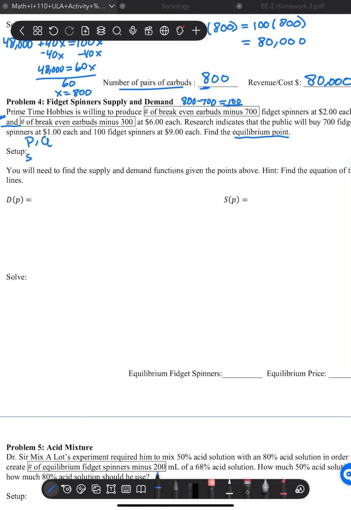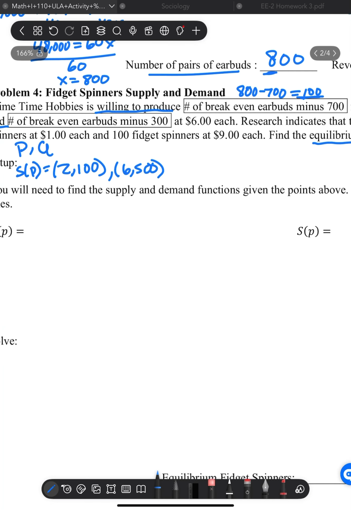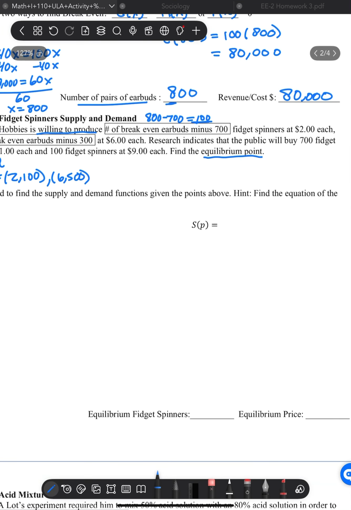We can do supply, right? Because it talks about how much they're willing to produce. So our supply has a point of $2 for 100 and a point of $6 for 500. So by doing that, we have our 2 points for that one. Now let's look at our demand real quick.